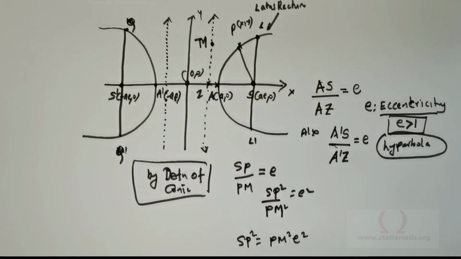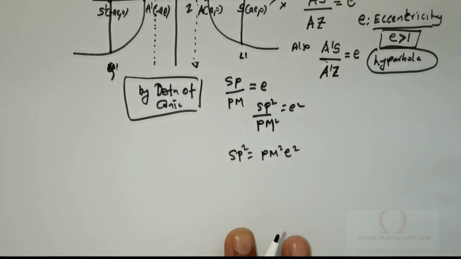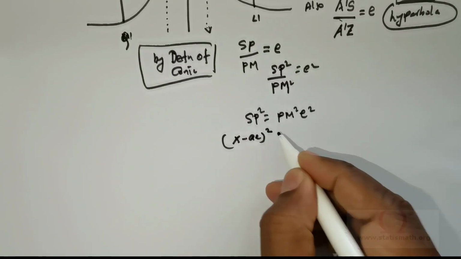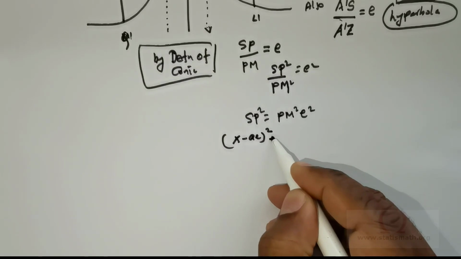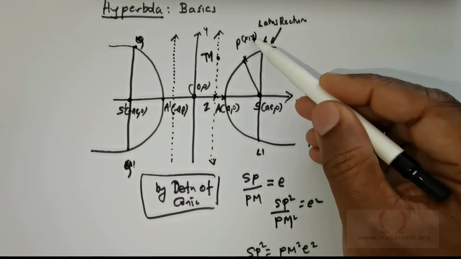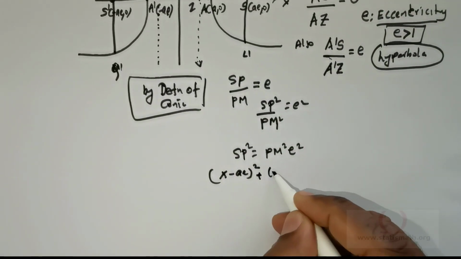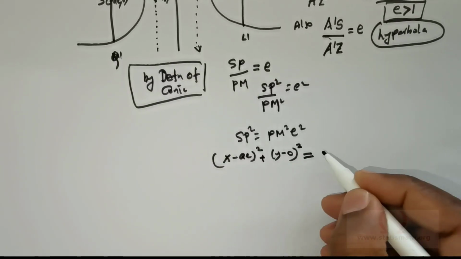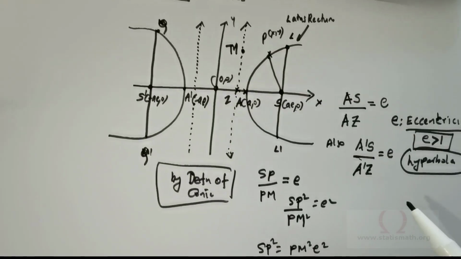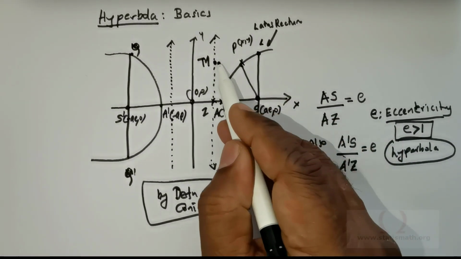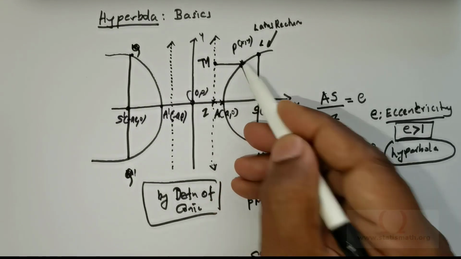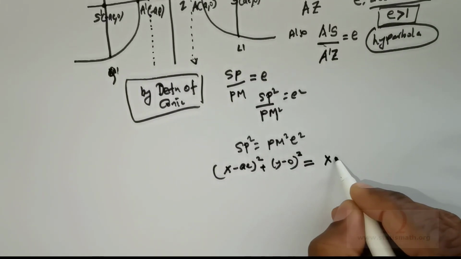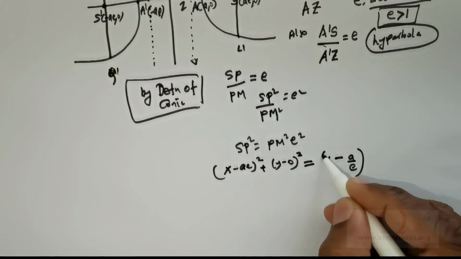We need SP, so that's going to be (x minus ae) raised to the power 2, you see that I'm just applying the distance formula, plus (y minus 0) raised to the power 2, equal to PM squared, which is going to be (x minus a over e) raised to the power 2.